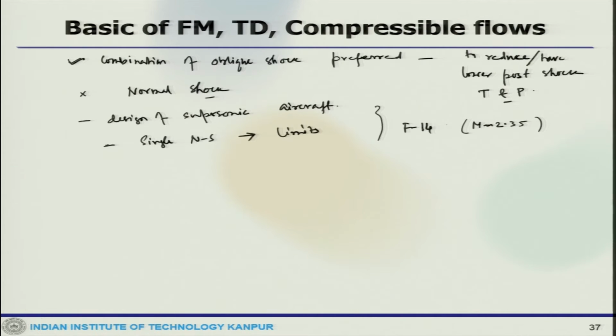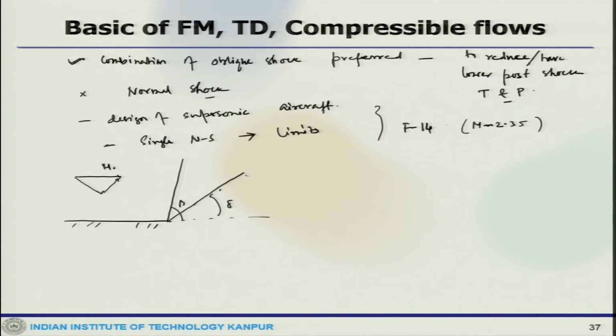Now, for analyzing an oblique shock, let us take this wedge kind of pattern, and let us say this would be the shock sitting there, this is beta, this is delta. The flow comes in here, and this is the velocity triangle for that.